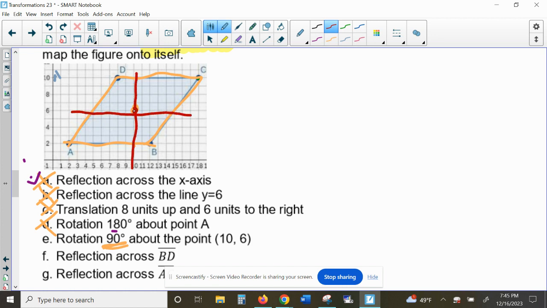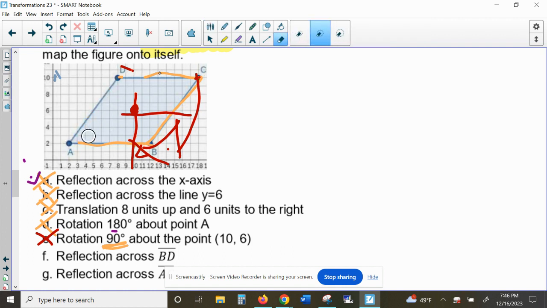If I trace it and hold it right here on this red dot and spin it 90 degrees, this pointy thing would be sticking out this way, right? And even if I went backwards, the pointy thing would be sticking out that way. So you can always trace it and spin. This one is not going to work out either.